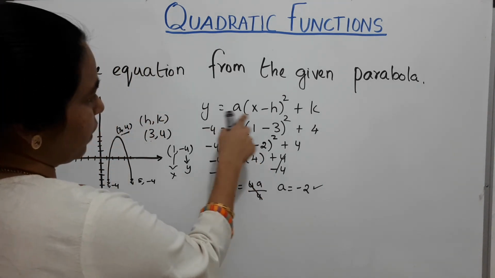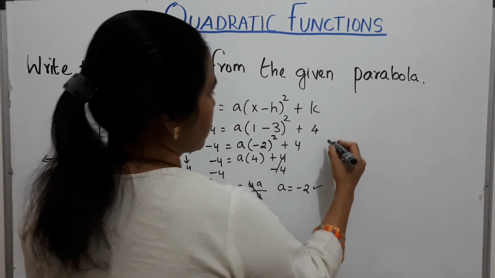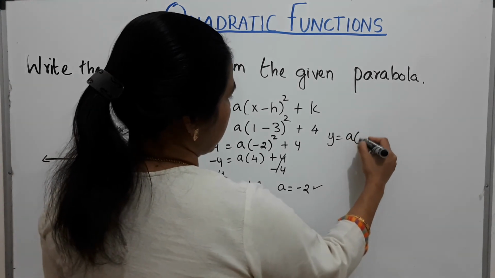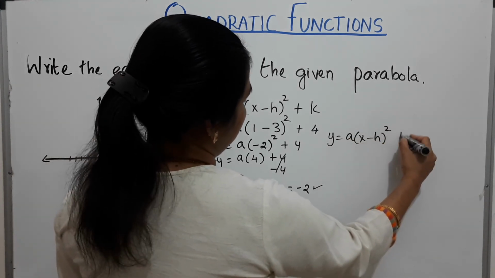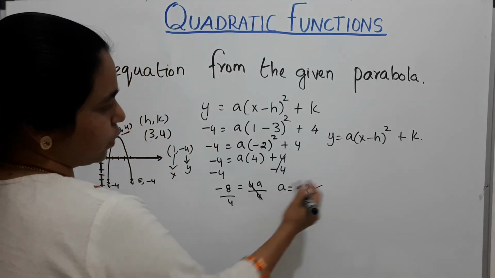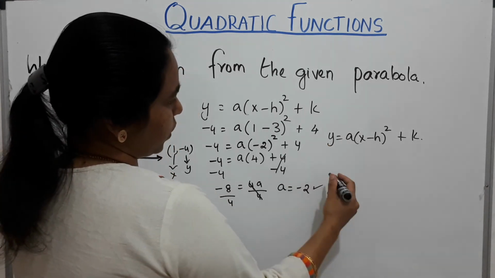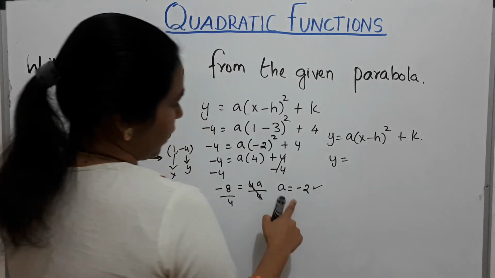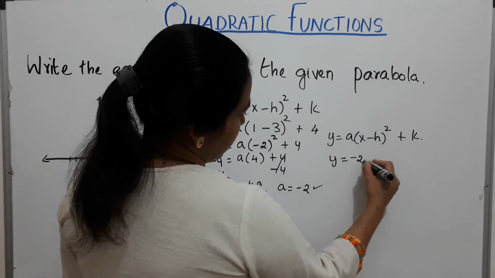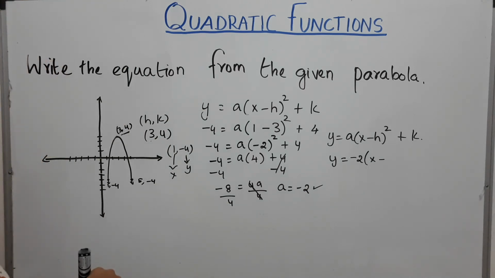Now you can substitute the values in here to write the quadratic function. So y equals a times x minus h the whole square plus k. And now x and y values you don't have to rewrite, because you are going to write the quadratic function. So y equals, a value is negative 2 times x minus h the whole square, or you just have to write 3 the whole square.